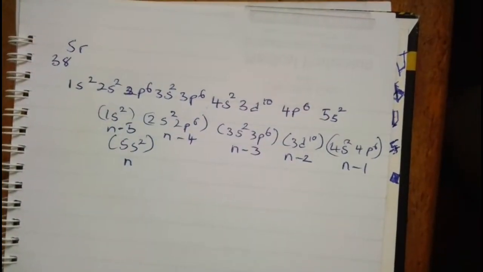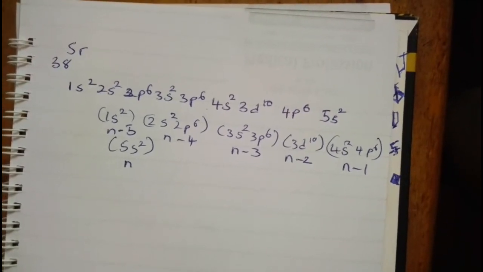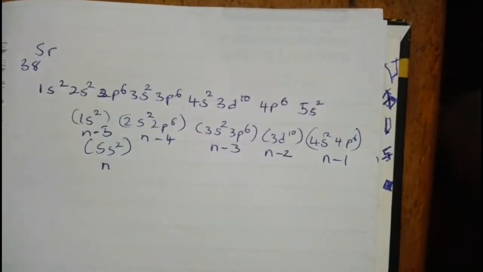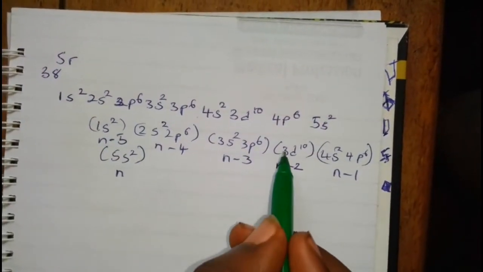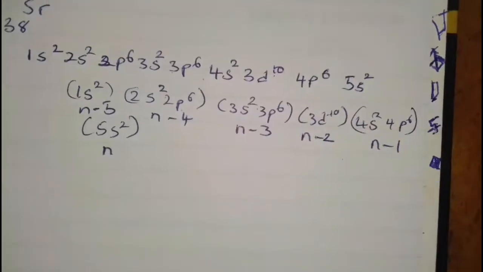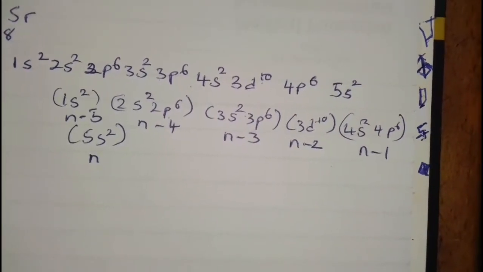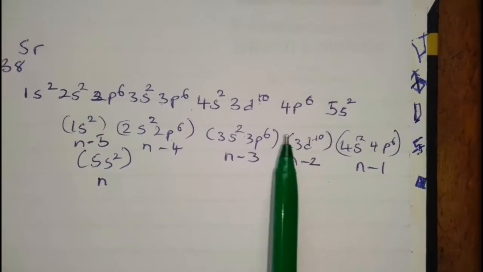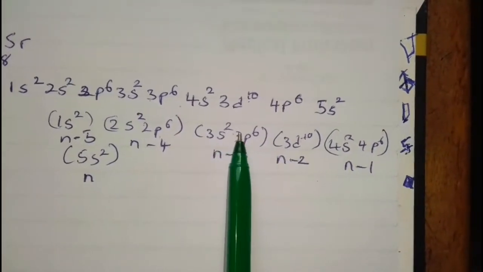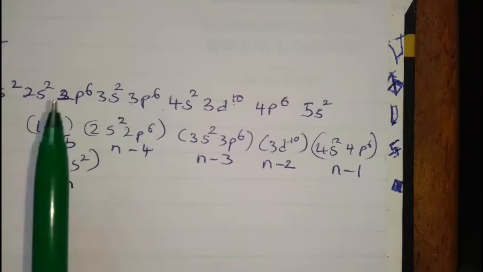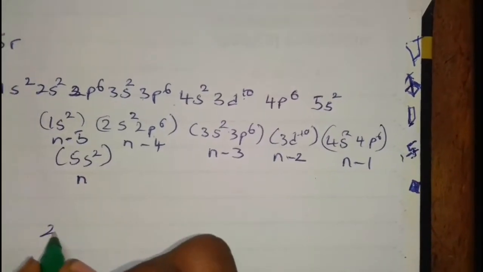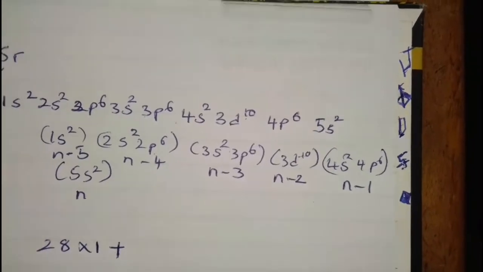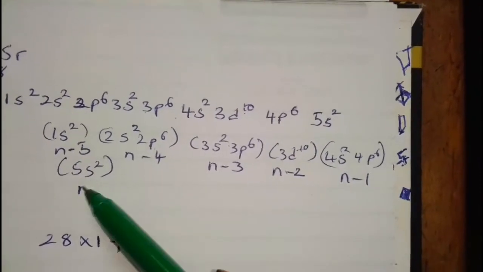Even without checking the table, to make our work easier, let us add everything here together and multiply by 1, because everything will be 1. Let's add everything here. After adding them, this one is 10, 18, 26, 28, so let's say 28 times 1.